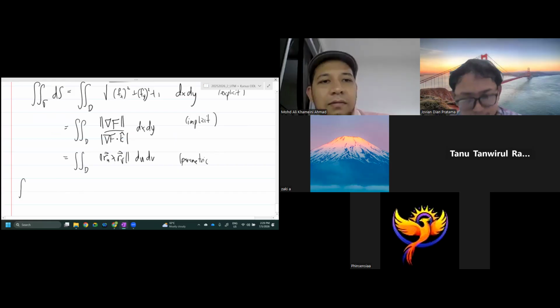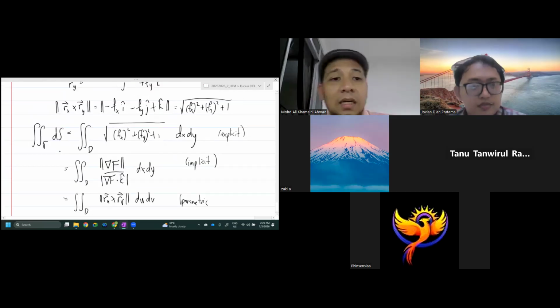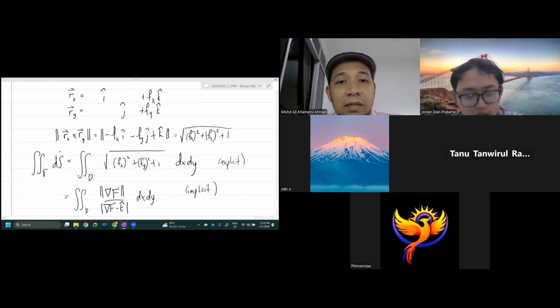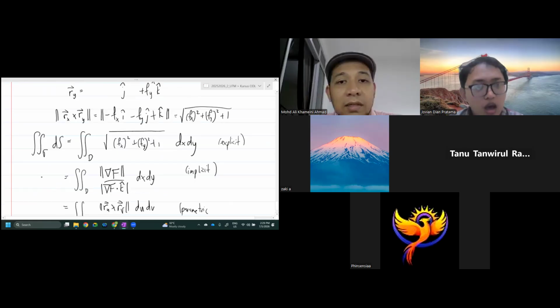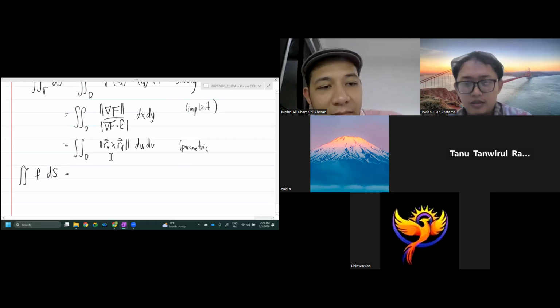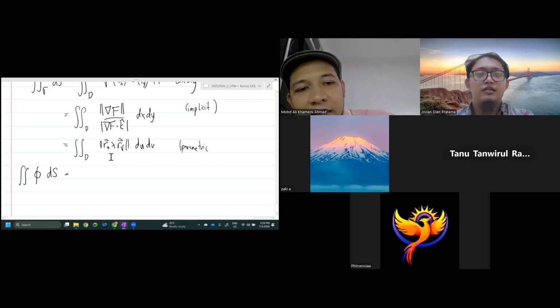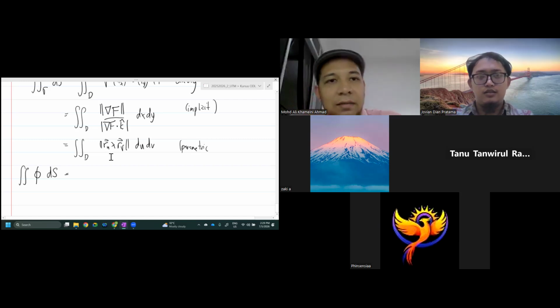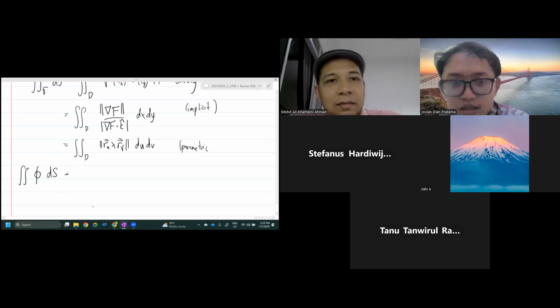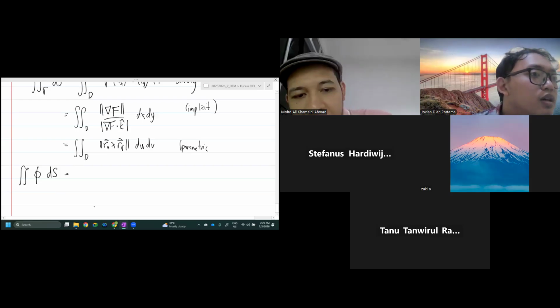I'm sorry, I made it f here, right? So this is the same f. Let me not write f here. I make it a variable I don't use, maybe phi here, a scalar function. For the explicit form, I will have this double integral over D on the xy plane.